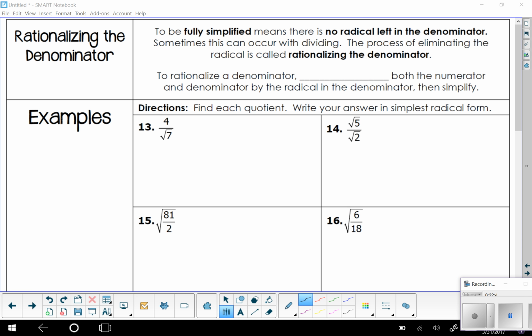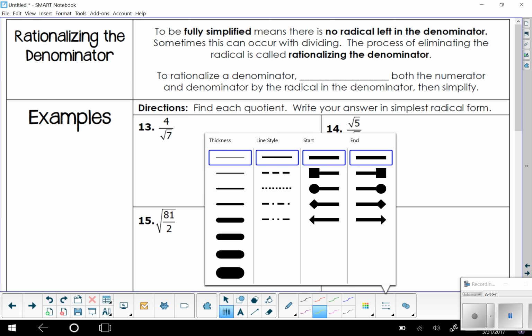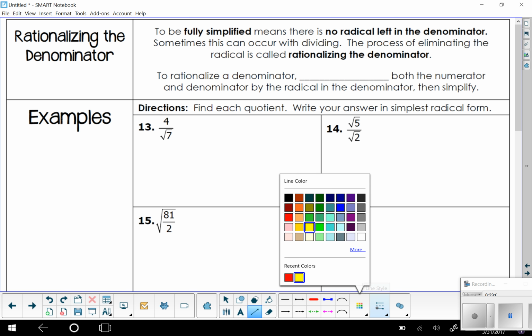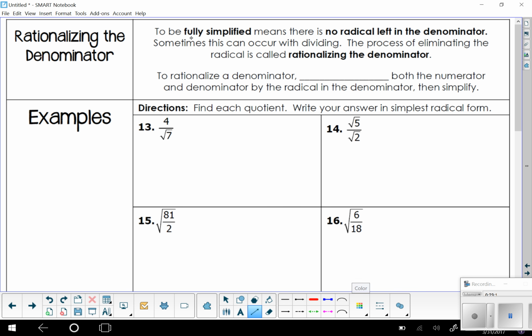Okay, so if you flip over to the back of that notes, we're now going to do rationalizing denominators. So to fully simplify, no radicals can be left in the denominator.